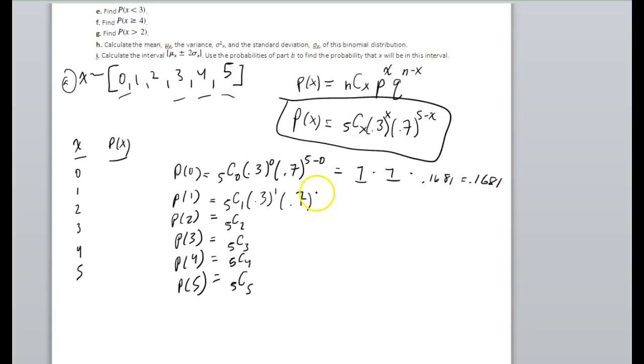So this is, I'm just going to shorten this. So this is going to be 5 minus 1, so 4. 3 to the 2.